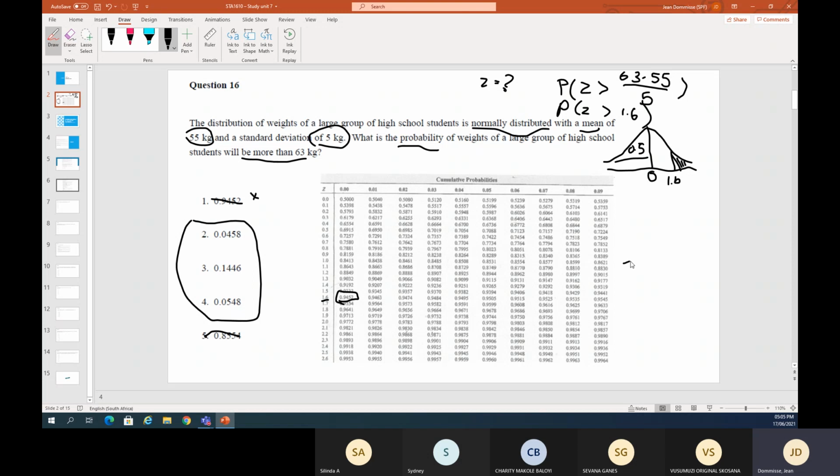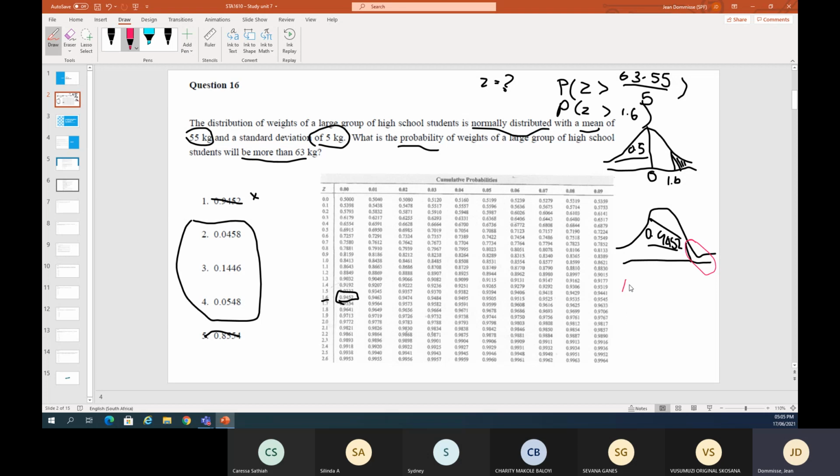So basically, just to look at that again, the area that they gave us for the 0.9452 is this area. We want to get that other area.